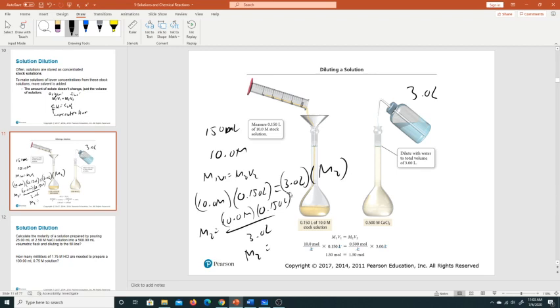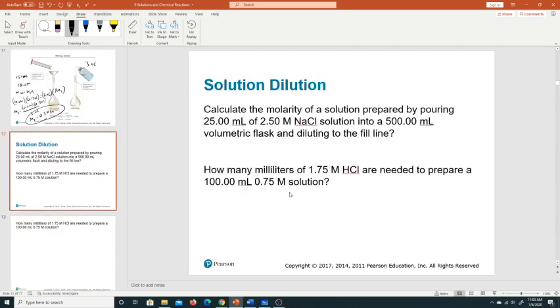That will give us a molarity of what? 10 times 0.15, divided by 3, and we get 0.50 molar, needing 2 sig figs. That'll be the new molarity. So if you do this dilution here, how about this one?